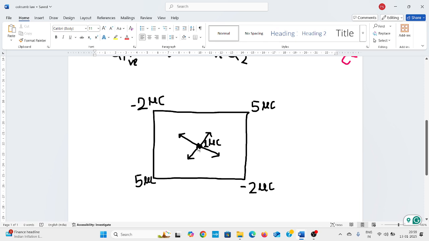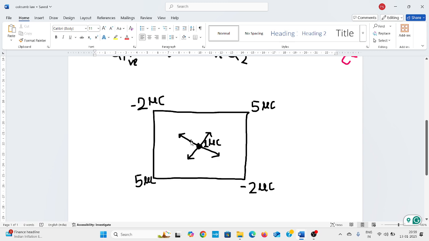So the force at the center will be 0, as minus 2 microcoulomb and 1 microcoulomb is an attractive force, and at the other end they are also in attractive force, with the same magnitude.